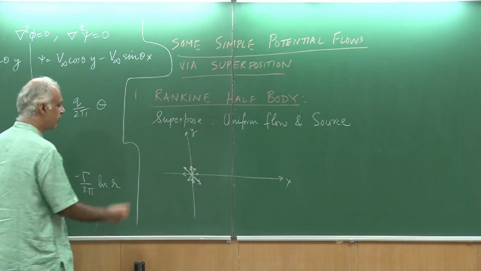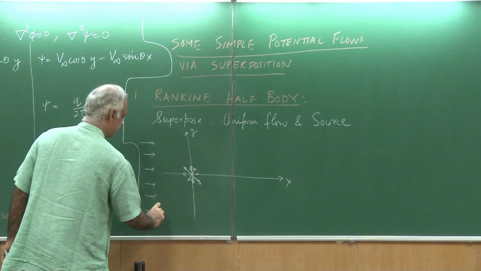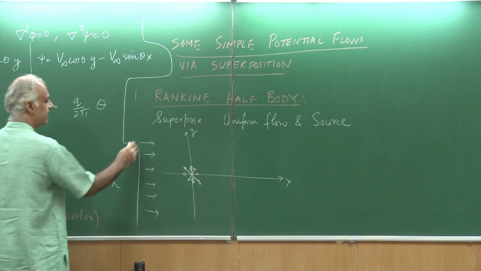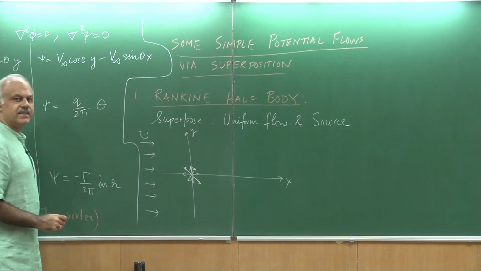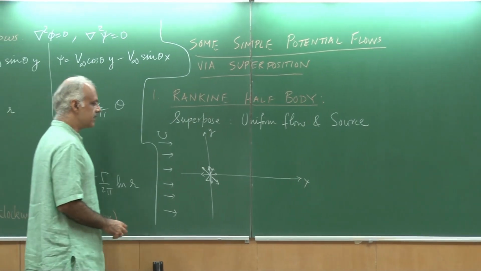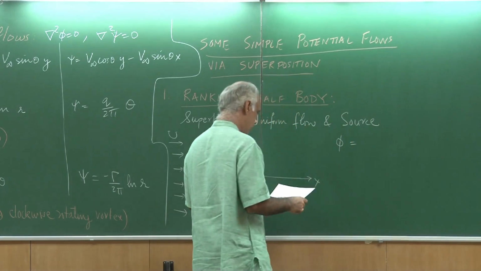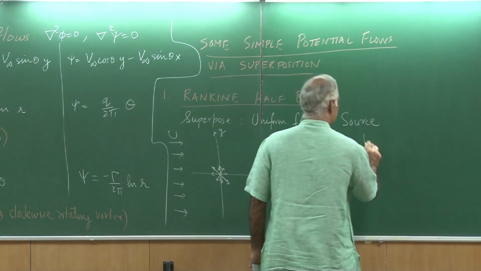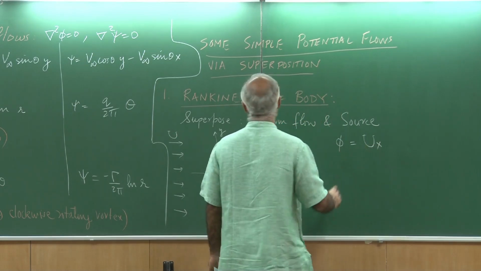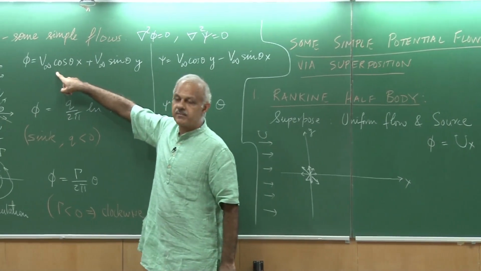And I have a uniform flow that comes in from the left. So far away from the origin, this flow has a speed of u and it is aligned with the x axis. Okay? So the total potential that I would see from this flow would be simply the potential from the uniform flow, which is u times x, and that I can obtain simply from here.